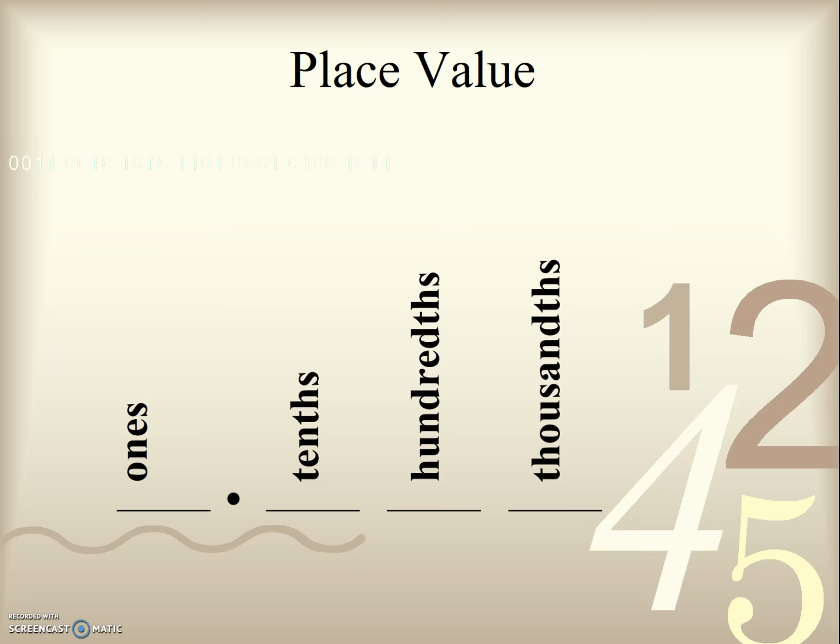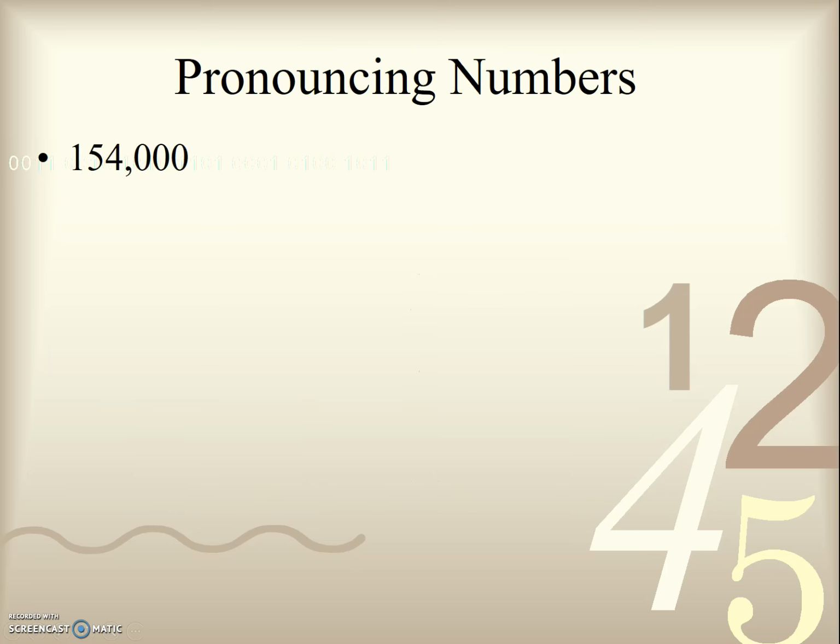All right, now that you're warmed up, what we are going to do right now is pronounce a couple numbers. So go ahead and say that number that you see in front of you out loud. All right, you should have said 154,000. Say that one. 123,456,789.